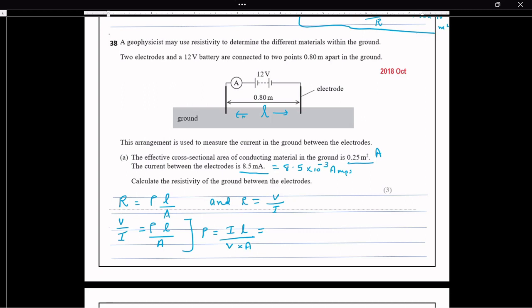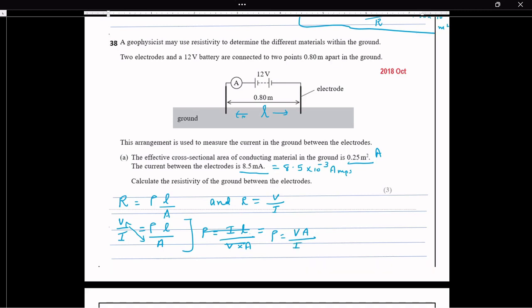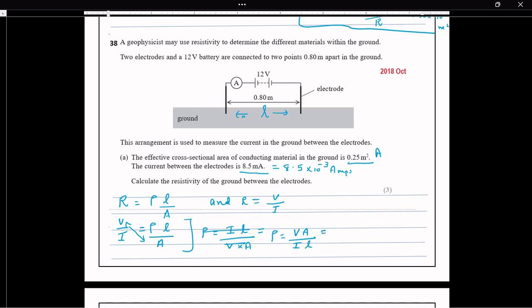I'm sorry, this is not the right equation. I flipped the equation by mistake. It is V times A. So we have rho equals V A over I L. What is the voltage? Voltage is 12.